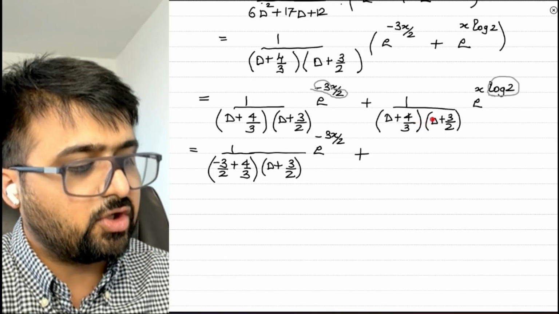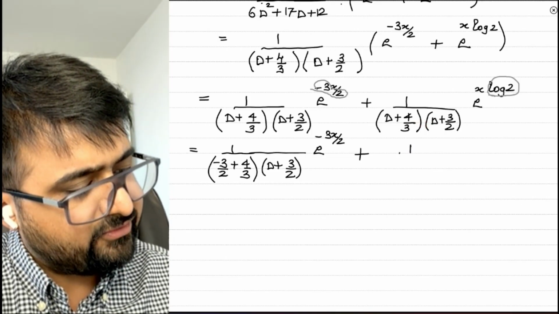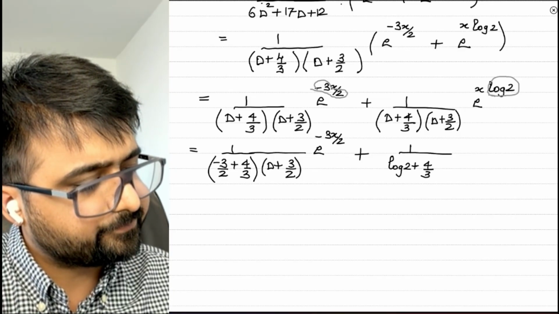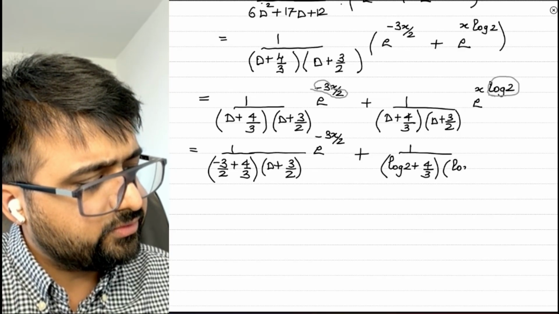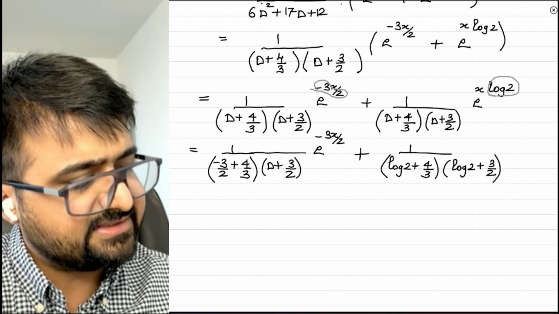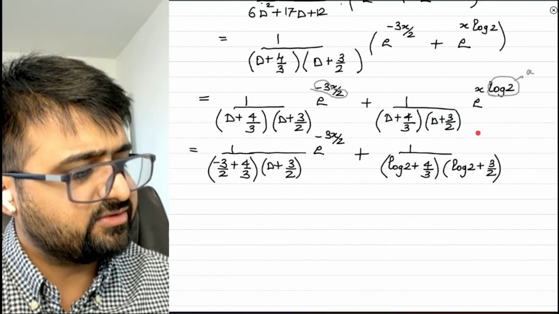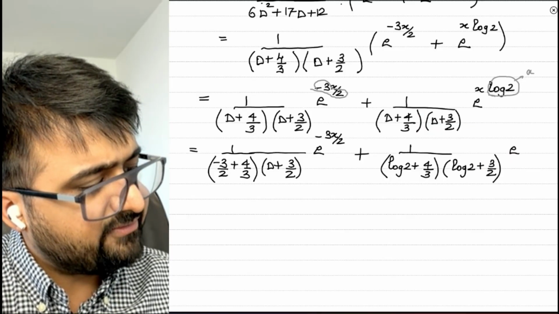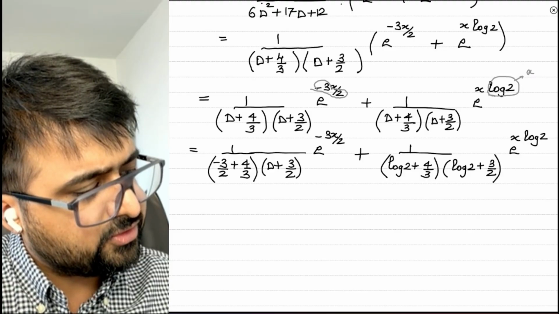So if we substitute log 2, we have 1 upon log 2 plus 4 by 3 and log 2 plus 3 by 2, because log 2 is our a in this case. And we have e to the power x log 2.